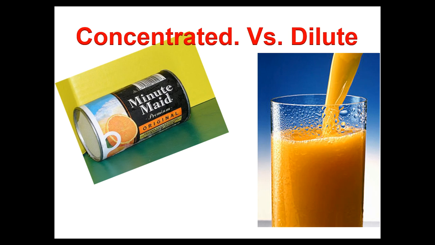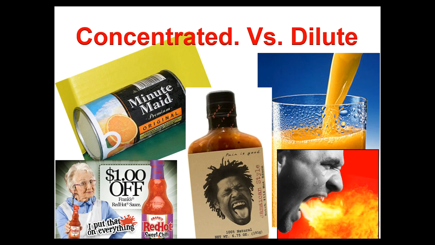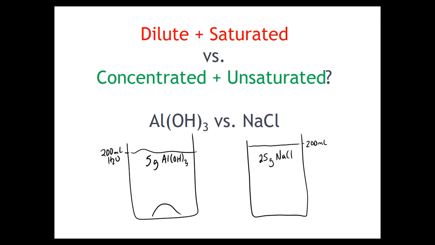Then you add water to it and dilute it, making a more dilute solution. Or consider hot sauces. Grandma's hot sauce has to be hot because all her taste buds are dead, so she needs it very concentrated with capsaicin. Other folks like it very dilute, the mild version. I like it spicy. Dilute and saturated versus concentrated and unsaturated.